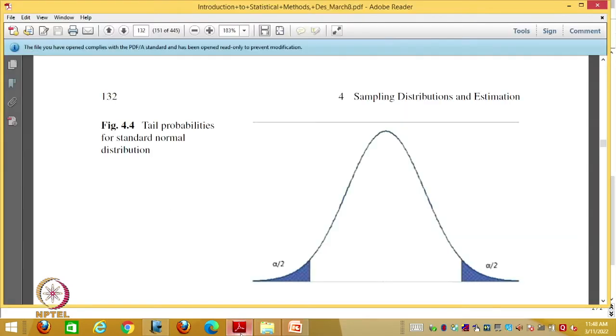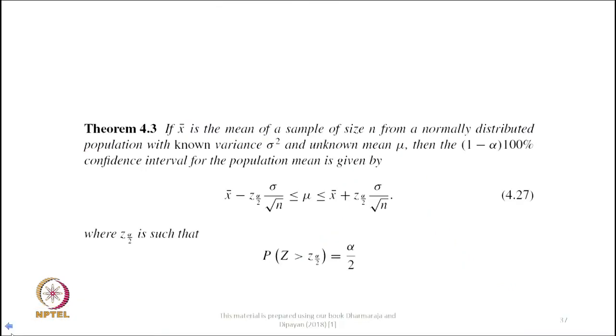So, this is what we are trying to prove in this theorem. What the theorem says is that mu lies between this interval with 1 minus alpha 100 percentage. That means the probability that mu lies between this interval is equal to 1 minus alpha, both are one and the same, where z alpha by 2 means the right tail probability is alpha by 2.